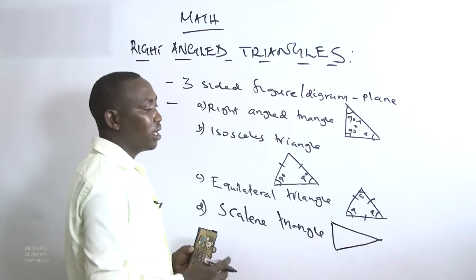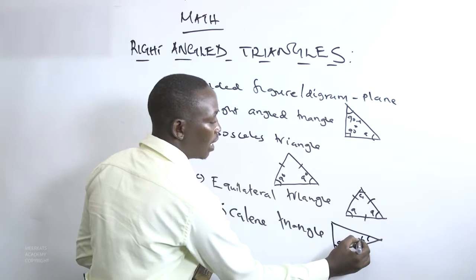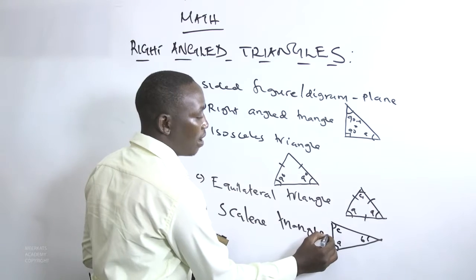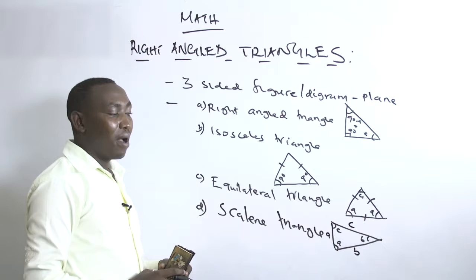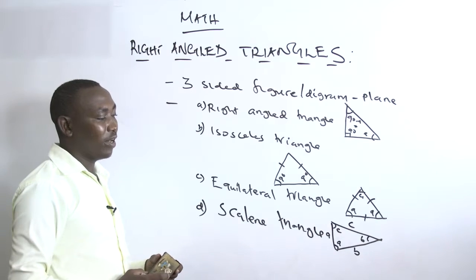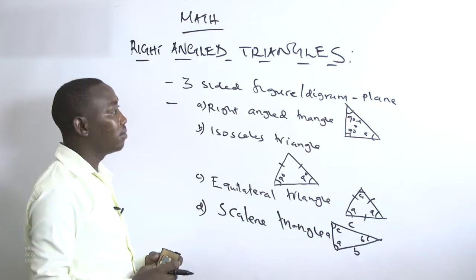So if this is angle A, that is angle B, this is angle C, and if this is side A, that is B, and that is C, all of them are not equal. This kind of triangle is referred to as a scalene triangle.